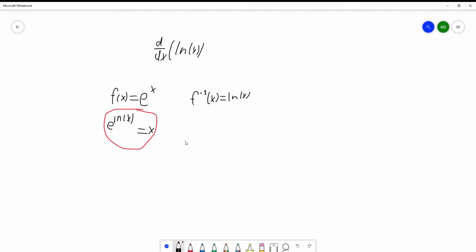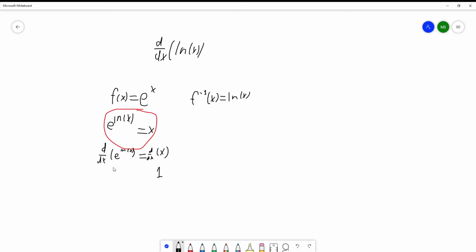So why is the derivative of ln x equal to 1 divided by x? Well, we take the derivative of both sides of this equation. We know that this is equal to 1.